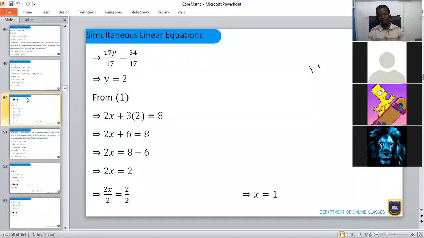Then 2x plus 6 equals 8. 2x is equal to 8 minus 6. Then we have 2x is equal to 2. Then we have x is equal to 1.